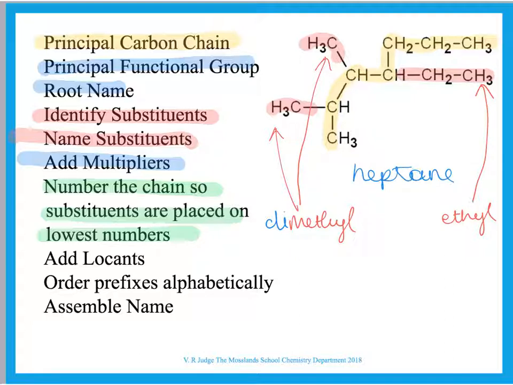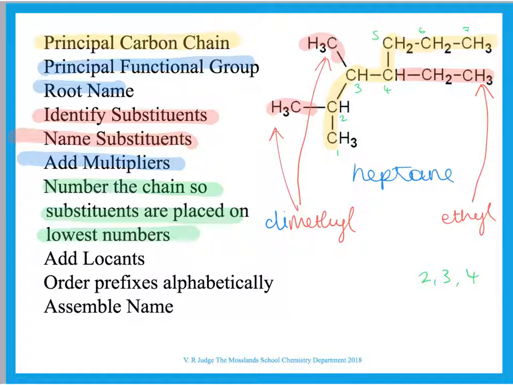So first of all, going from bottom upwards, we've got carbon number 1, 2, 3, 4, 5, 6, and 7. Now, if you were to name it like that, your substituents would be based on carbon number 2, carbon number 3, and carbon number 4. So your substituent numbers, your locants, will be 2, 3, and 4.